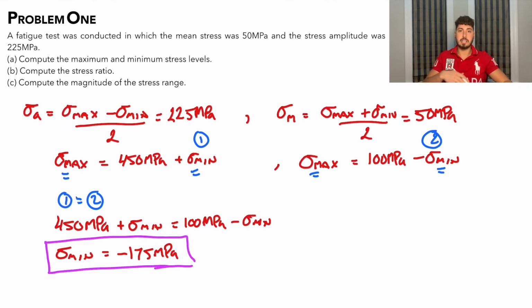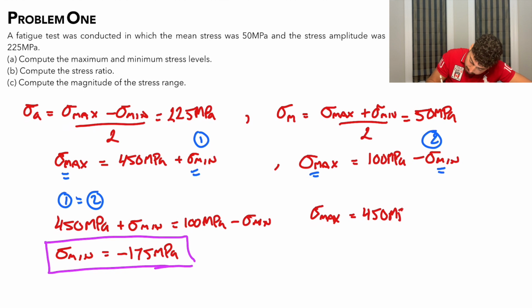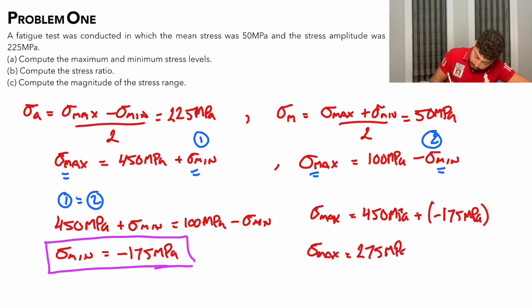Now, let's substitute that value back into one of our previous equations and calculate our maximum. So let's say that our maximum stress is equal to 450 megapascals plus a negative 175 megapascals, and that's going to yield a value for our maximum stress as 275 megapascals.